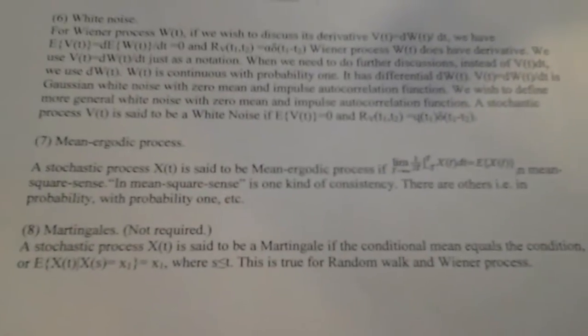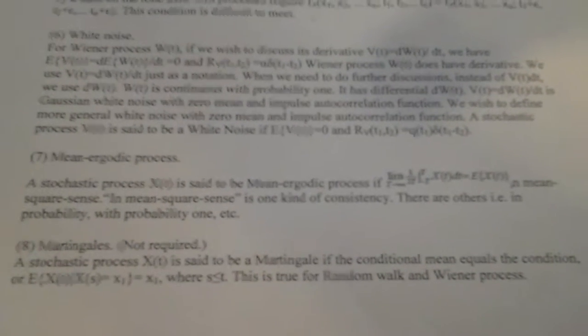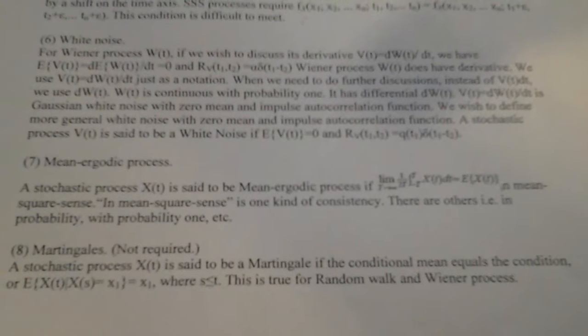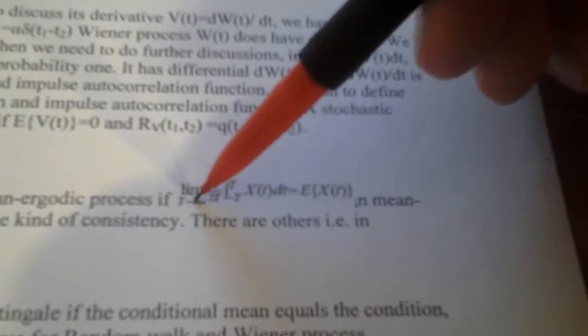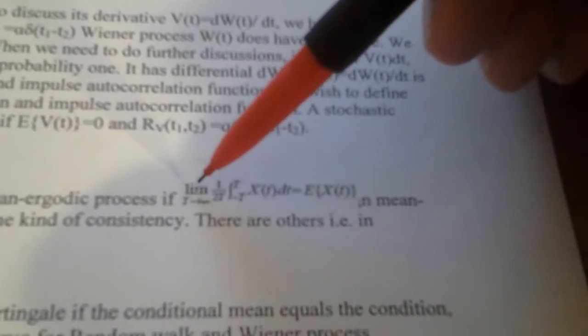Mean ergodic process. A stochastic process can be defined as mean ergodic if I zoom in on that a little bit, if this right here is true. I'm going to take the time to read this out.